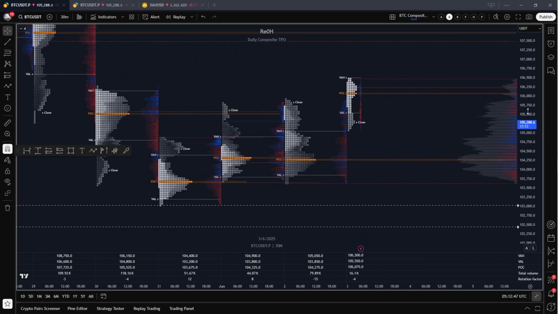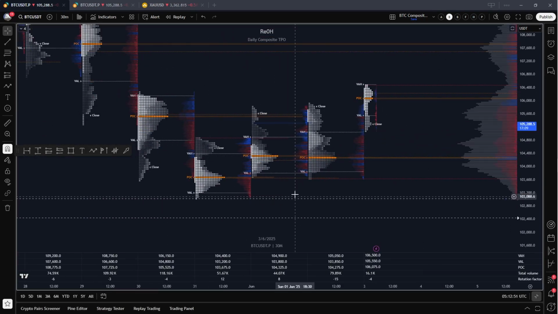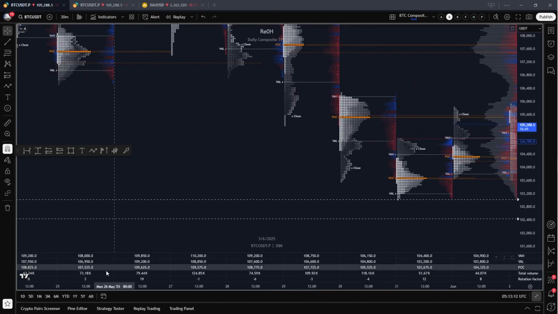Composites. We can see there's a pretty good composite here with fairly low volumes on the weekends, which is predictable since it's the weekend. But if we are going to rotate higher, I want to see it supported by volume. As of now, we see relatively low volume compared to earlier days.